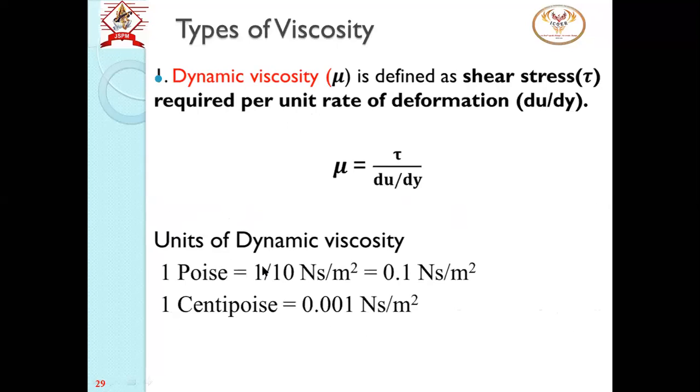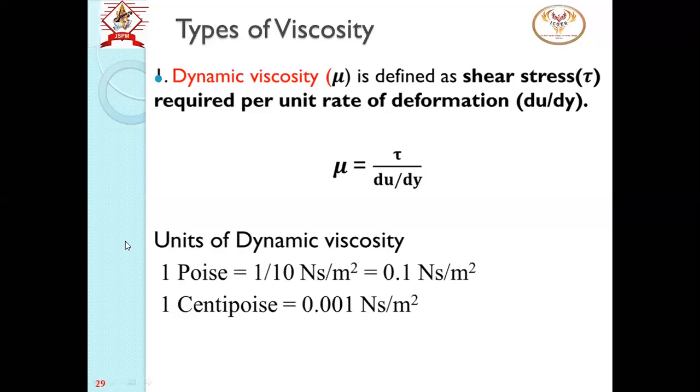So the unit of dynamic viscosity: the older CGS unit is poise. One poise is 1/10 Newton second per meter square, or 0.1 Newton second per meter square, and 1 centipoise is 0.01 Newton second per meter square. Newton second per meter square is the SI unit, and poise and centipoise are CGS units.